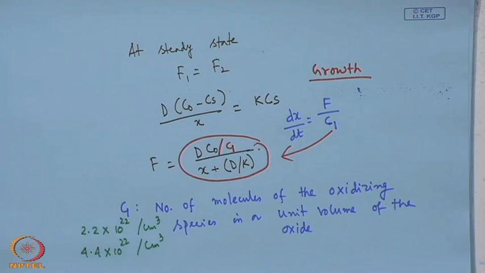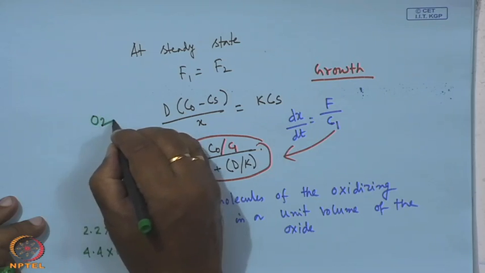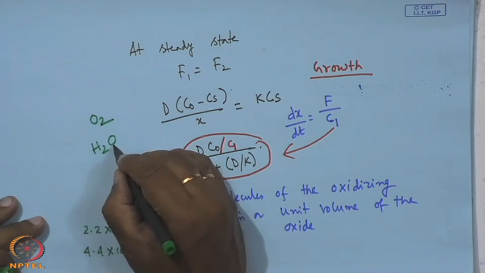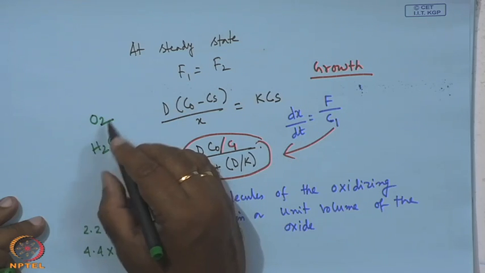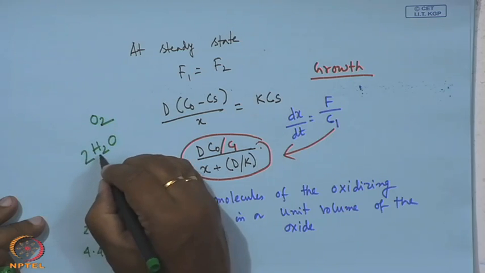Because you see that during oxidation, you use one oxygen molecule, and in a water molecule only one atom of oxygen is there. So if you need 1 molecule of oxygen, you have to use 2 H2O.